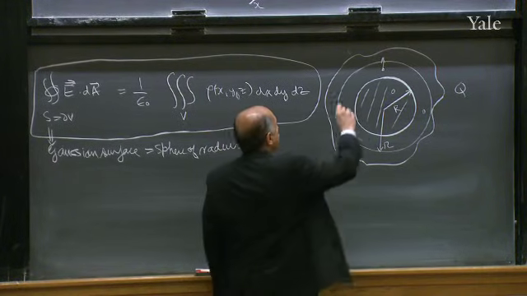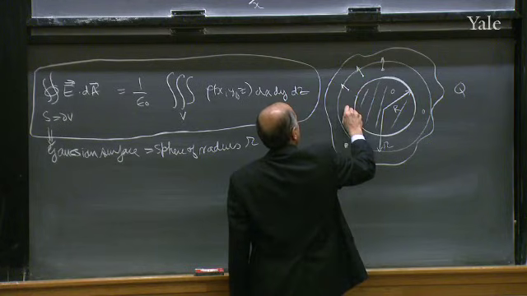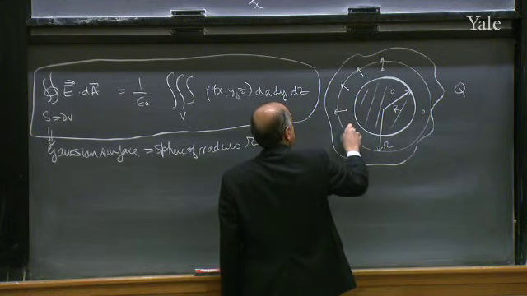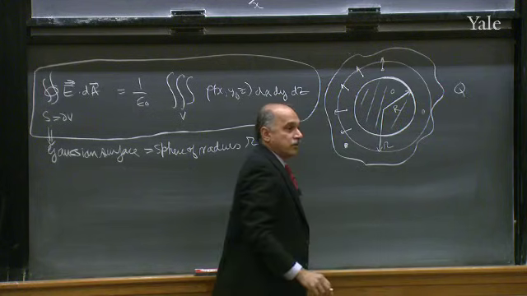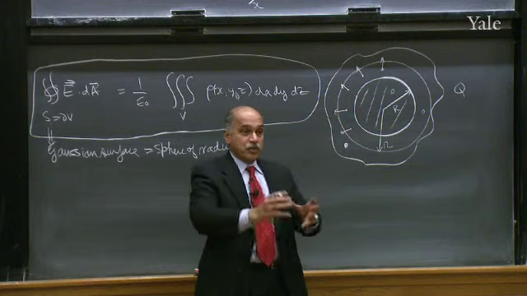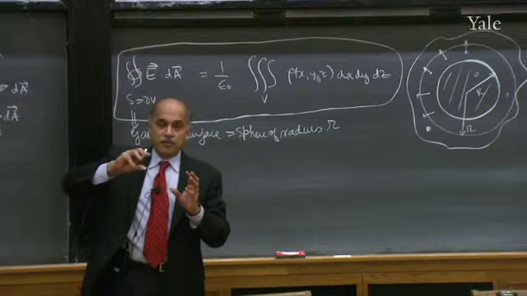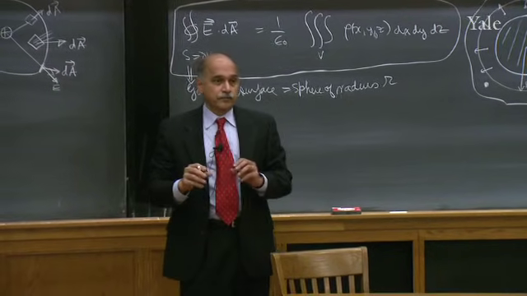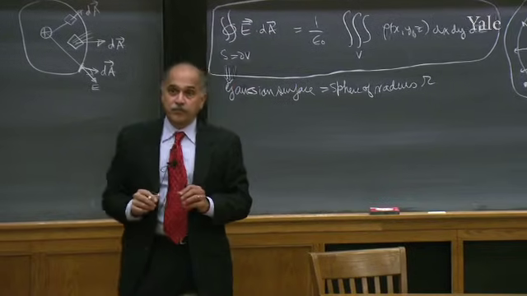At each point, the repulsion has to be away from the center. In other words, the electric field has to have this distribution. We're not saying how it varies with distance, but it has to be radial. Again, the argument is the radially outgoing thing, like a hedgehog. It's the only distribution of lines which will look the same if you rotate them. Because then one line will go into another line. The hedgehog will look exactly the same.